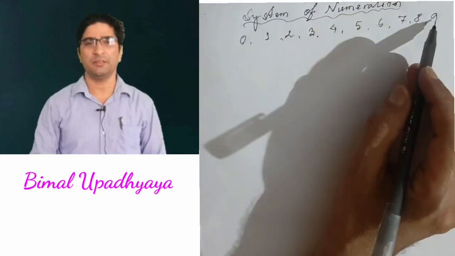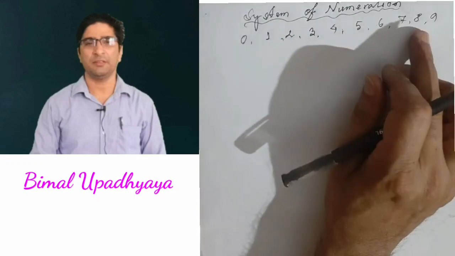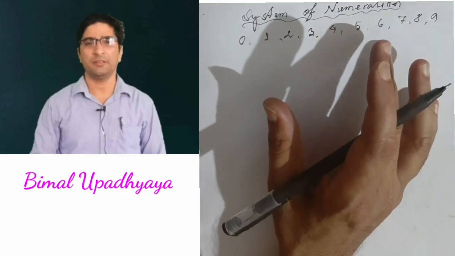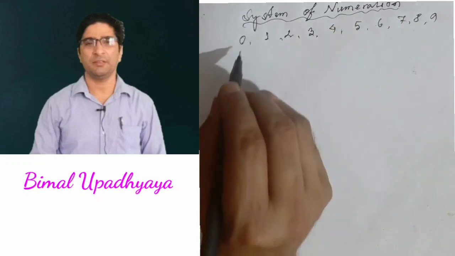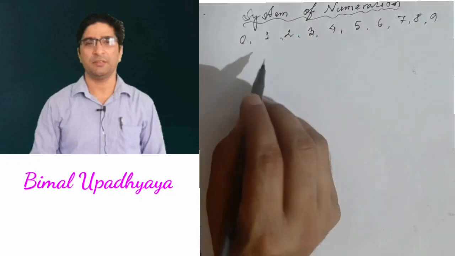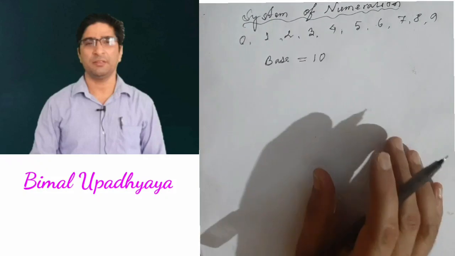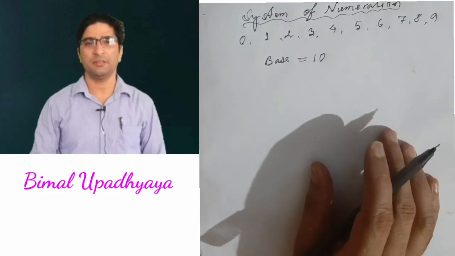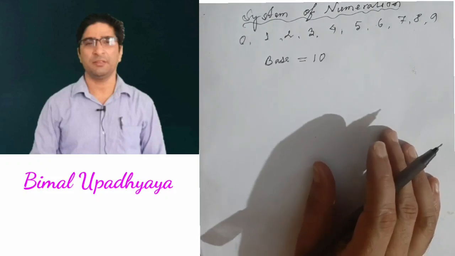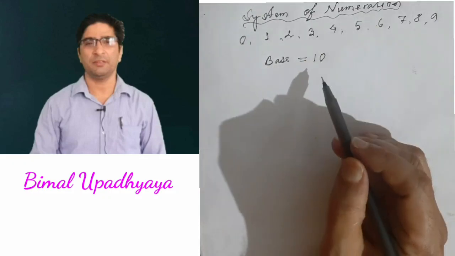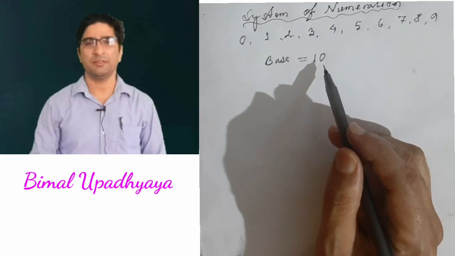Since we have 10 digits, that's why it's the decimal numeration system. Now the number of digits is 10, that's why the base of this numeration is 10. So the base of a numeration is the number of digits used in that system of numeration. So here in the decimal system there are 10 digits, so its base is 10.